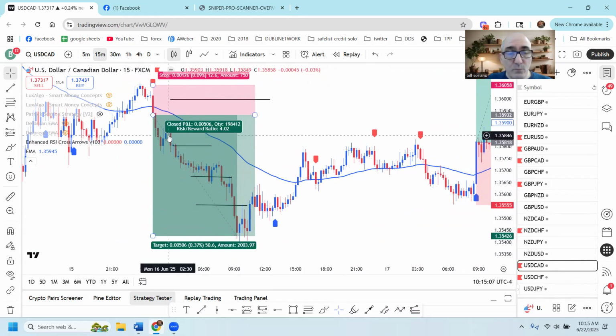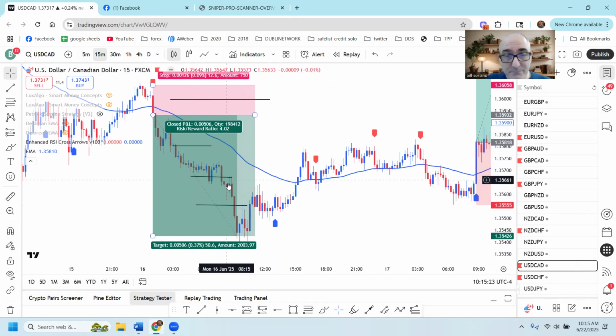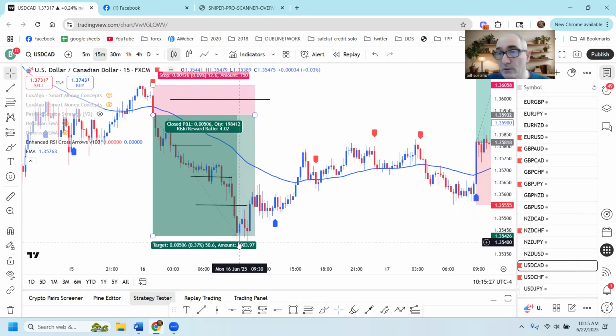We get to that +1.5 level, then we move it to break even. Doesn't get hit. +2, we move to +1, doesn't get hit. +3, we move to +2, doesn't get hit, right? These wicks don't come up and hit it. Anyway, it doesn't matter because after we go through +3, we get all the way to +4, and we would be taken out of the trade with a 4% gain.